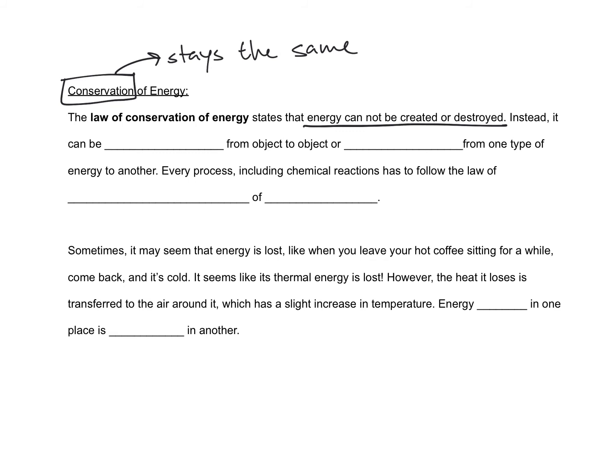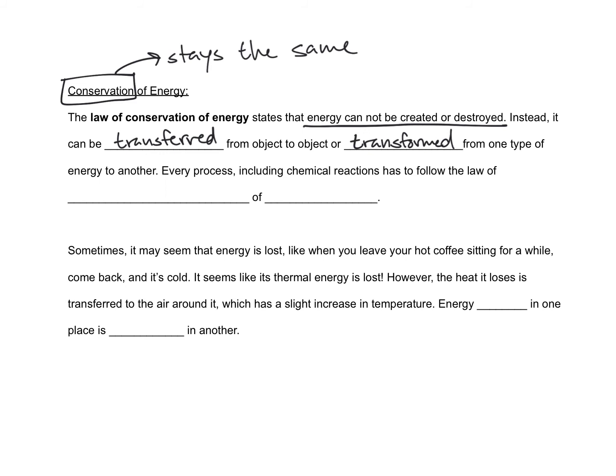So when we are working with energy and it goes missing from one place, it can't have been destroyed. The law of conservation of energy says we can't destroy it. So what happens is that instead it is transferred somewhere else. It's going to be transferred from object to object, or it can also be transformed from one type of energy to another.